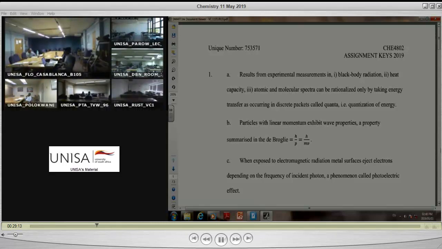Okay, let me put it this way. Frontier orbitals is the terminology that refers to a type of orbitals that we encounter in conjugated hydrocarbons.